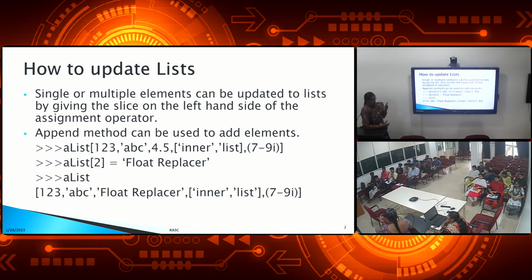So you want to change 4.5 to the float replacer, so you mention the index value 2 and equal to, and give whatever value you want. Here I'm giving a float replacer, and automatically it will be replaced.